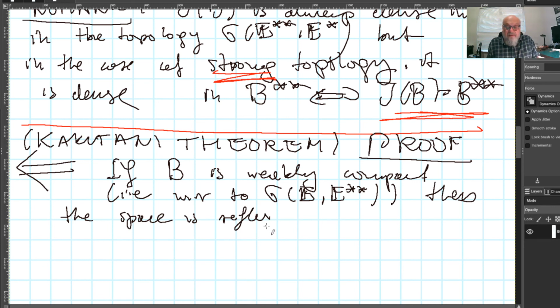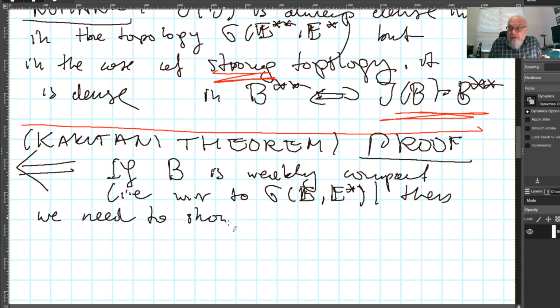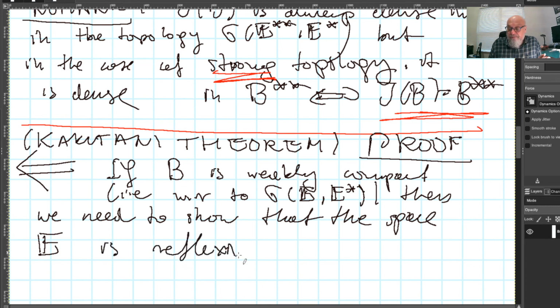Maybe I should be more specific. Okay, this topology. We need to show that the space E is reflexive.